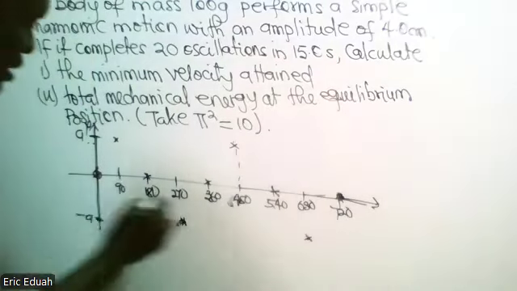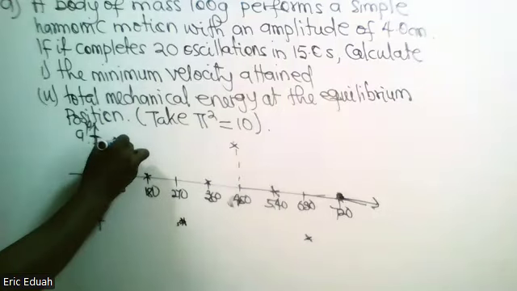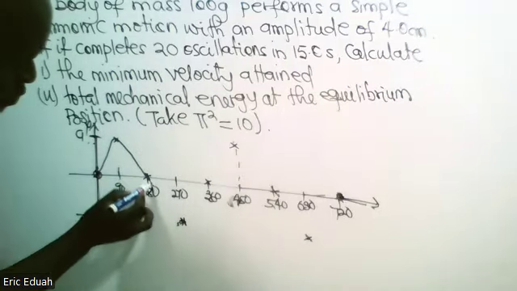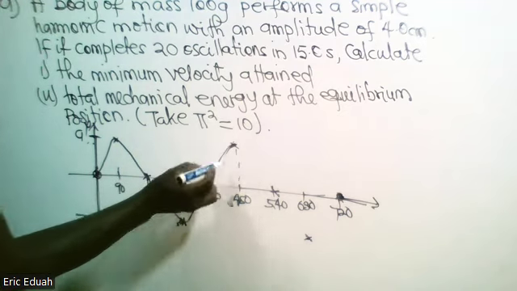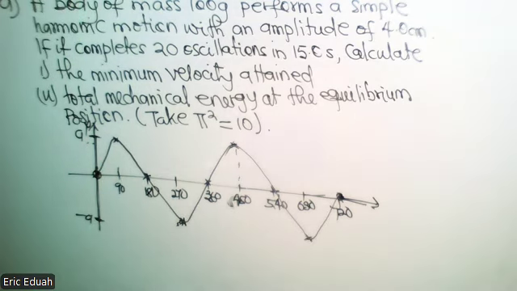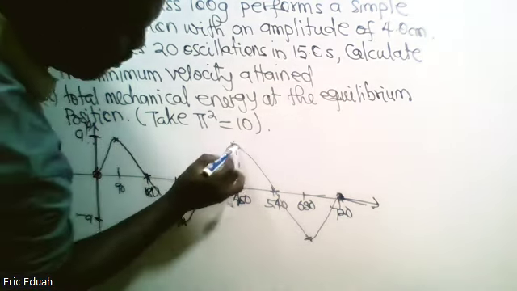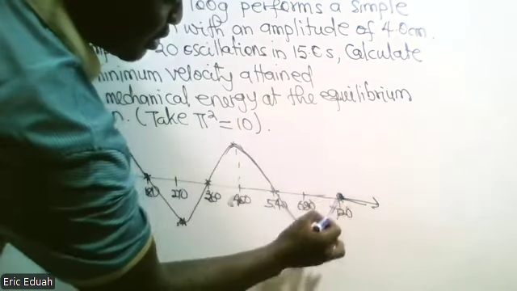So when you plot this point, you have the displacement time graph for 2 cycles.